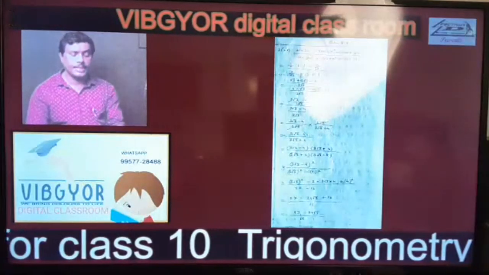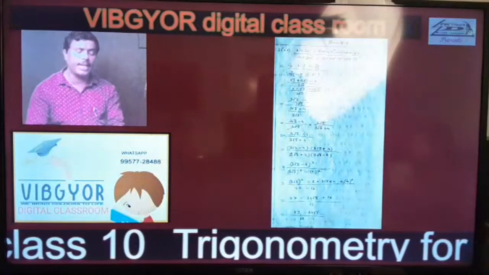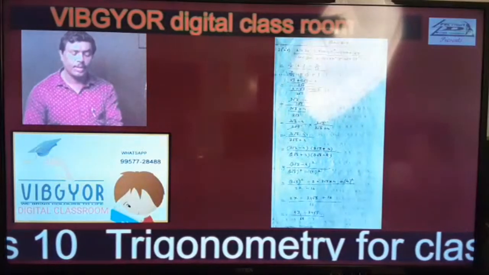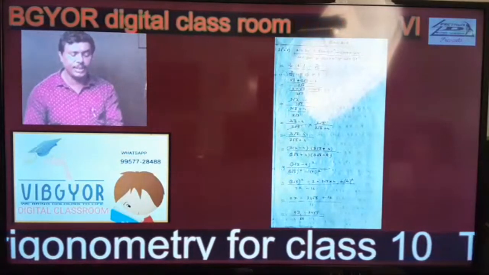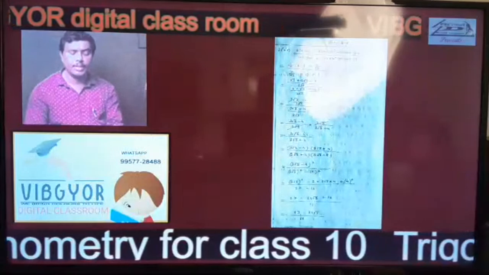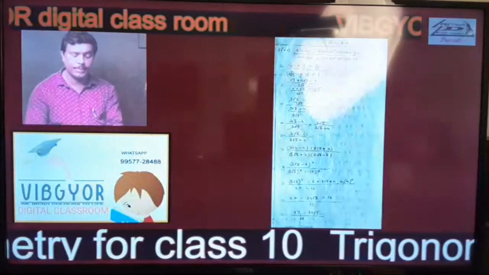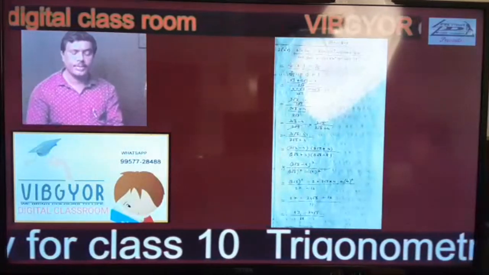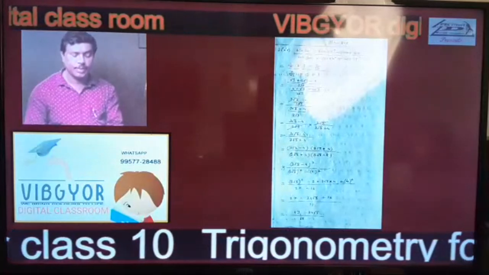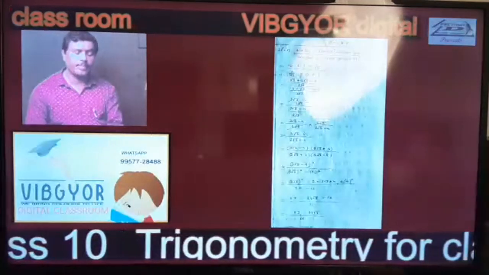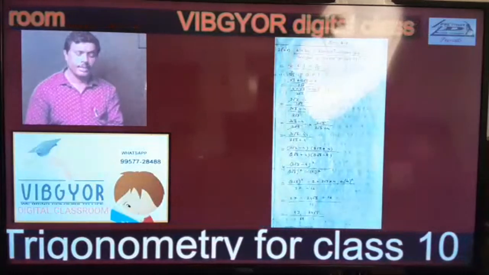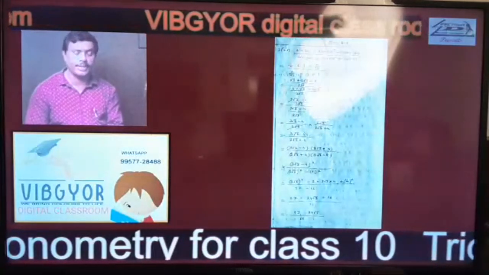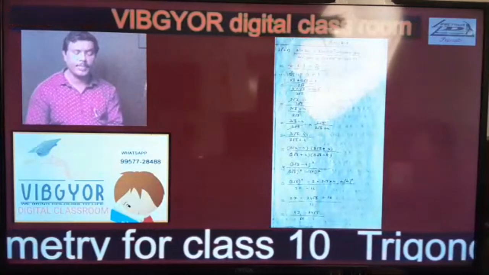That is, we have to rationalize this step. For rationalization we have to multiply the denominator with 3 root 3 minus 4 as well as the numerator with 3 root 3 minus 4. Then in place of numerator we are getting 3 root 3 minus 4 whole square, and in place of denominator we are getting 3 root 3 whole square minus 4 whole square.